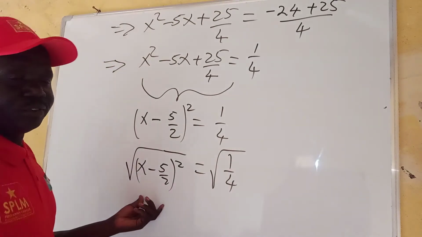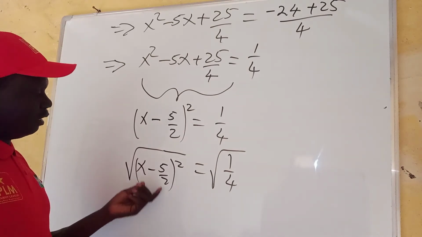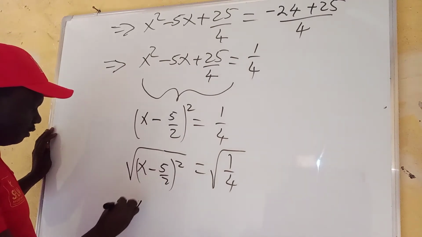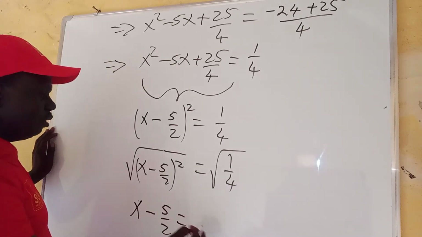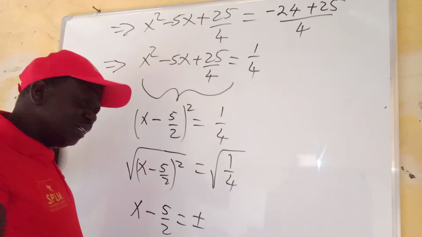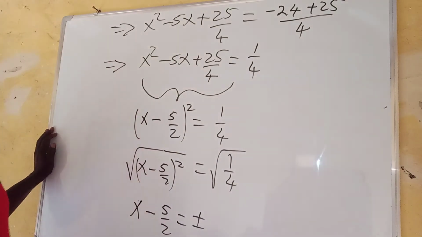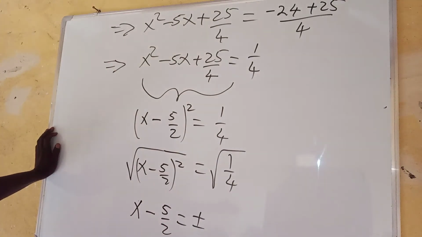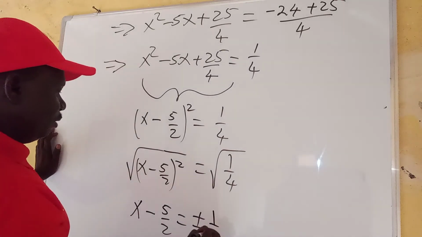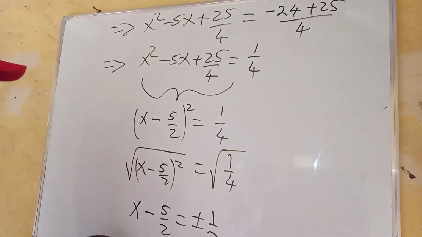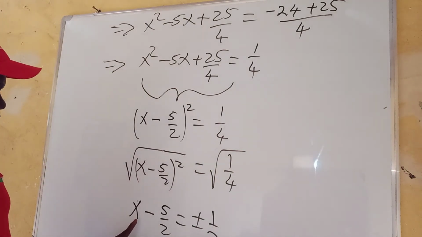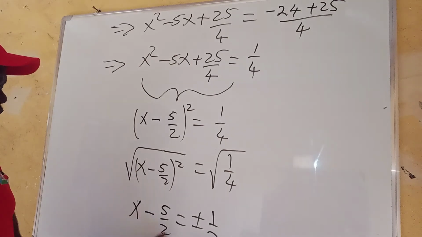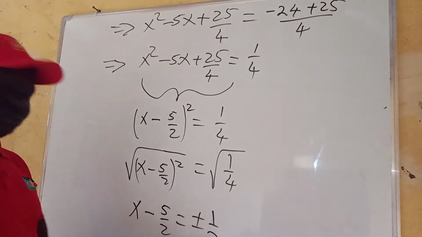So x minus 5 divided by 2 is equal to plus or minus 1 over 2.